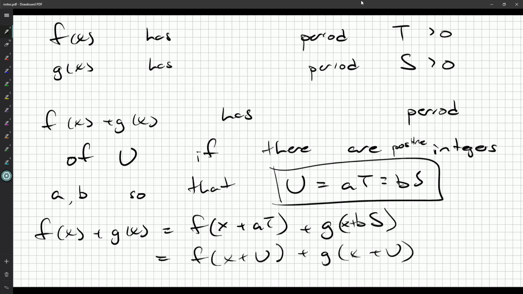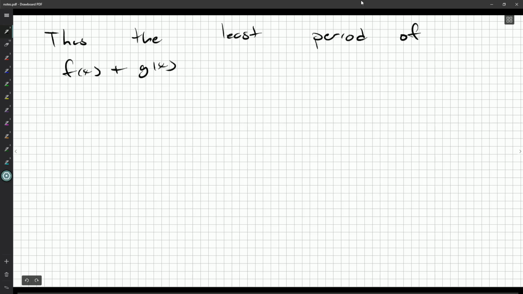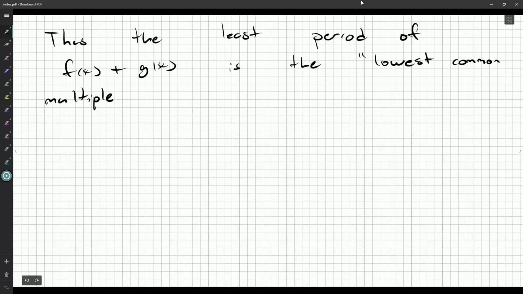So the least period of a combined sum of two functions is, now I'm going to say, the lowest common multiple. It's unusual to see lowest common multiple written when, admittedly, the t and the s could be non-integers.